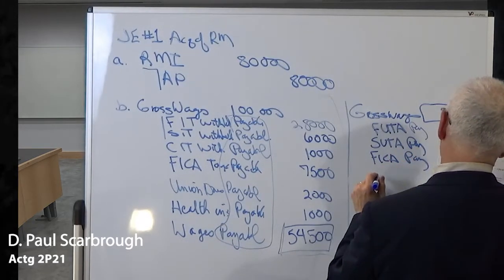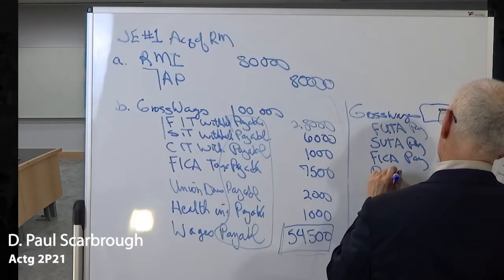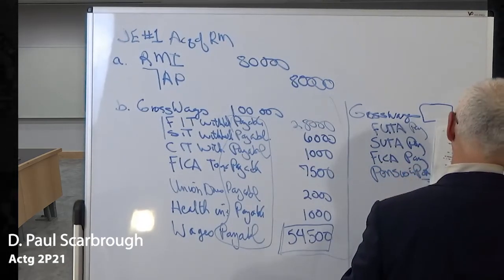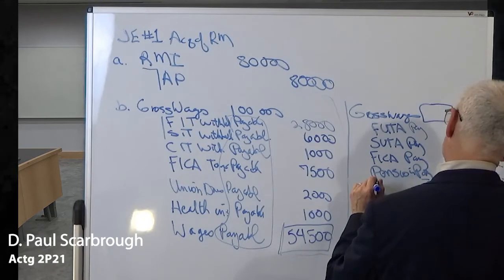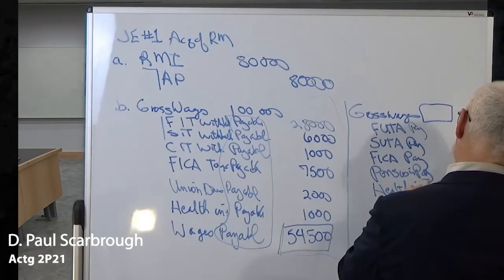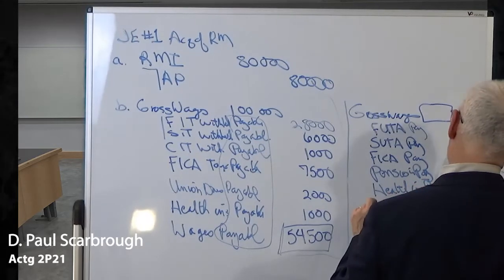Then we also have the pension plan payable. We have health insurance payable. And we have vacation payable.